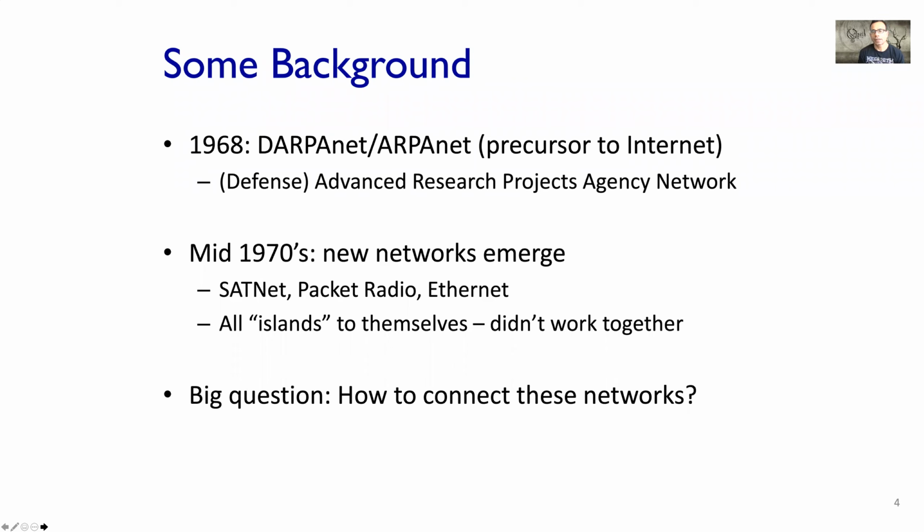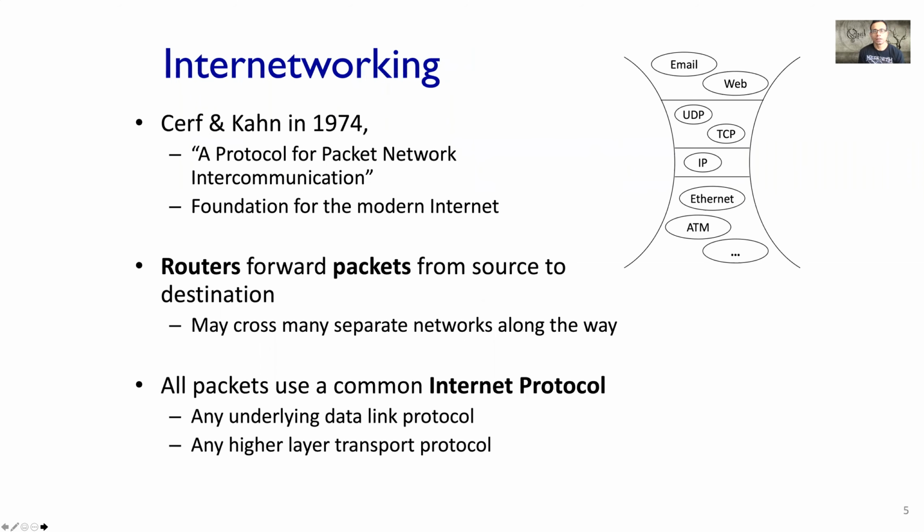So essentially different types of networks started emerging, and what they found was this created isolated islands, and there was a need to connect all these networks together. And in 1974, a very seminal paper on this, as the title suggests, a protocol for packet network intercommunication, was written by two gentlemen called Vint Cerf and Bob Kahn.